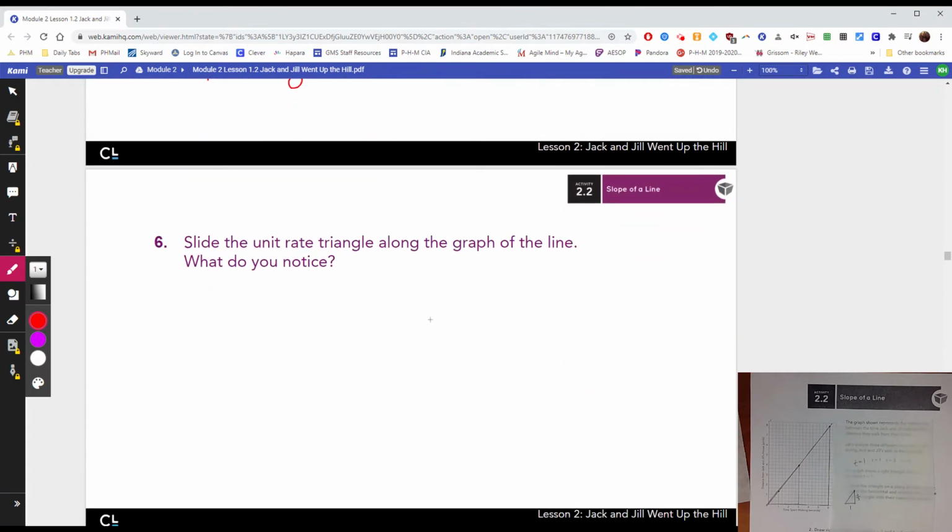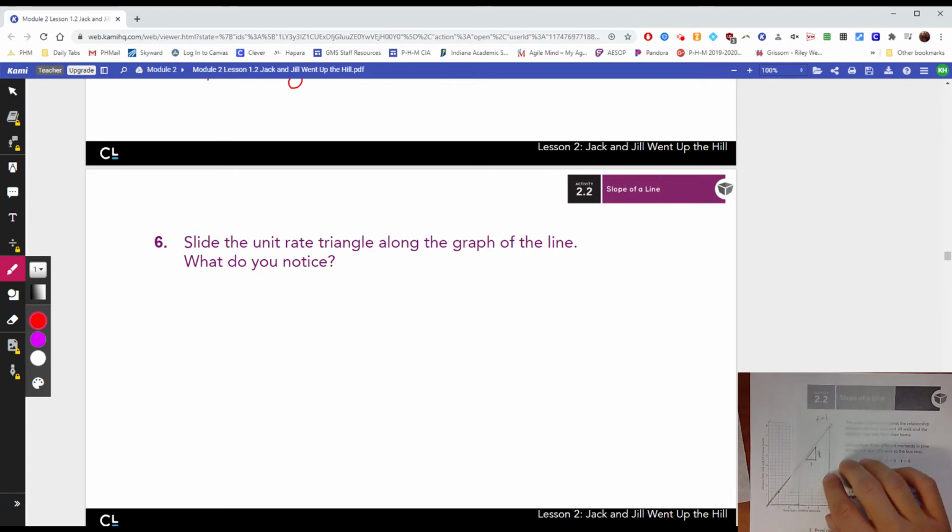Slide the unit rate triangle along the graph of the line. So now I'm going to take my unit rate triangle and I'm just going to slide it across. And I'm looking to see if I notice anything. So it looks like that unit rate triangle is the same no matter where.